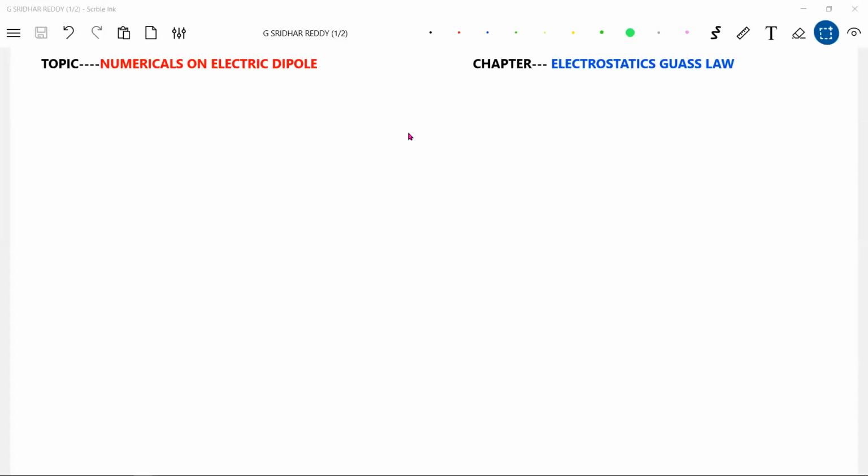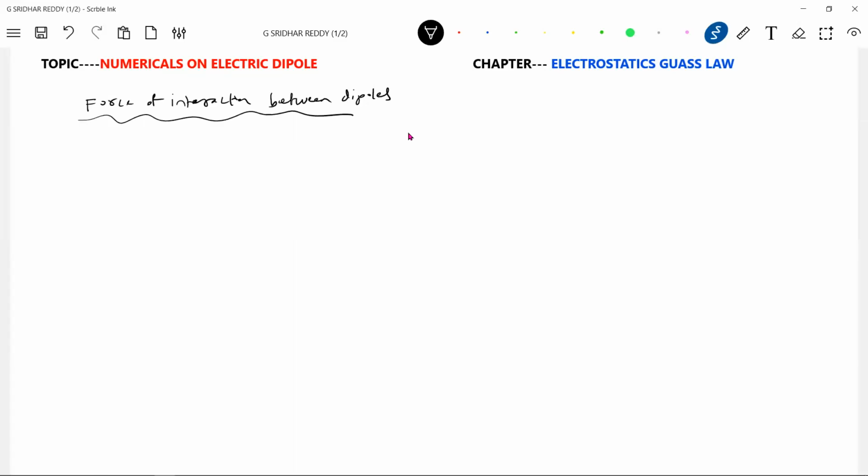Okay, first we'll find out the force of interaction between the dipoles. Or force of interaction, we'll write it.